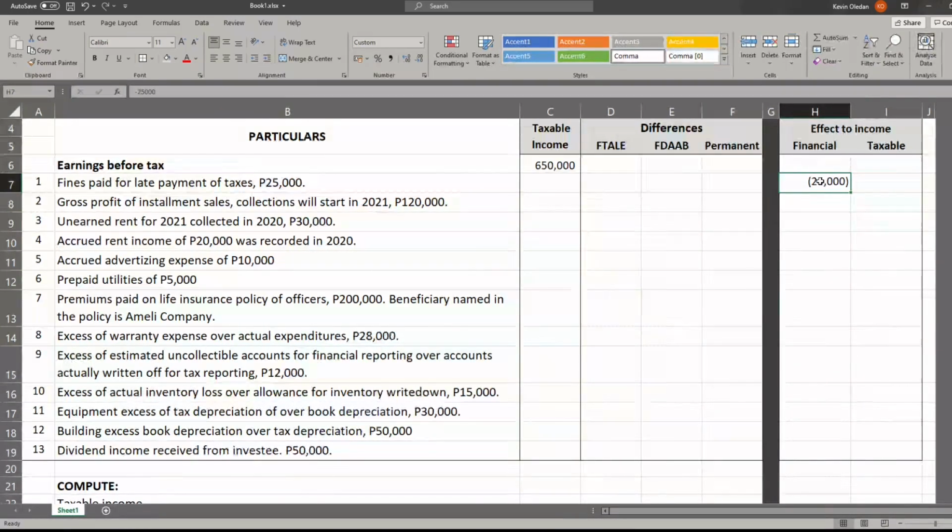Why? Because this deduction, it will never be included in taxation. It has zero effect in taxation. It's a permanent difference because, again, in your earnings before tax, yes, it's part of your expenses. But BIR will not allow it to become part of your income tax return. So in short, this deduction to financial income, if we are ever going to compute taxable income, ang kailangan po natin gawin dyan is we need to add it back.